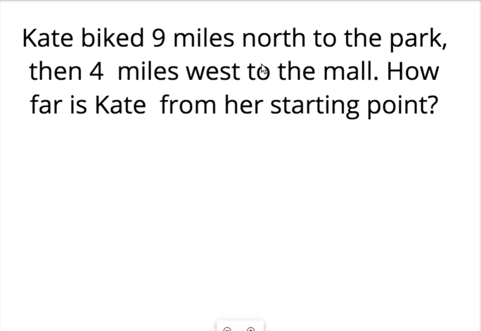Okay, so the reason they talk about north and west is because we know north and south are a vertical direction. West and east are a horizontal direction. So if I start at this point and I go north and then I turn and go west, that creates a right angle.